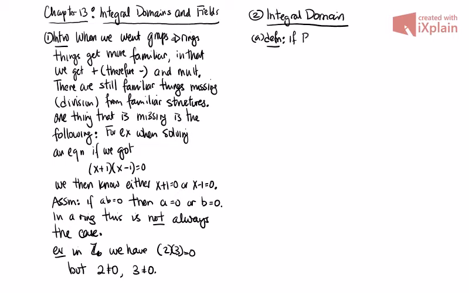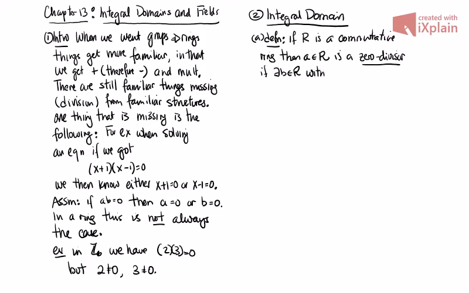So let's say if R is a commutative ring, then a in R is a zero divisor if there exists a b in R with ab equals 0.